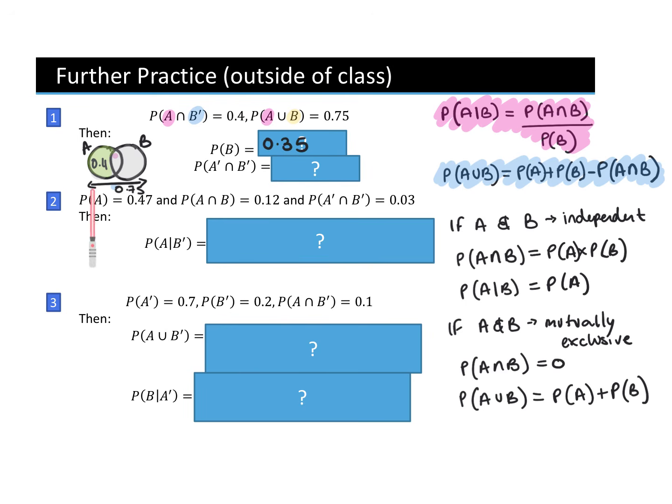Because if all of this is 0.75, if I take away this part here, all I'm left with is the whole of B. It then says, what is the probability of A dash intersection B dash?